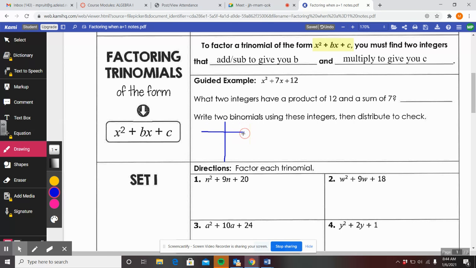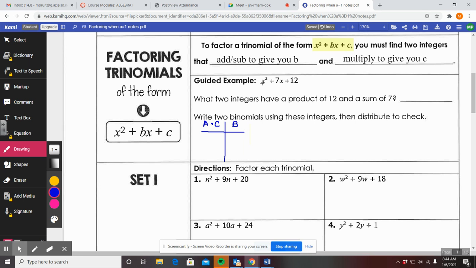So on all of our problems, we're going to draw a T-chart. This side is the side that we're going to find the multiples of A times C that add up to give us B.